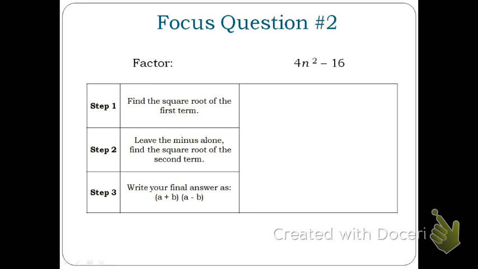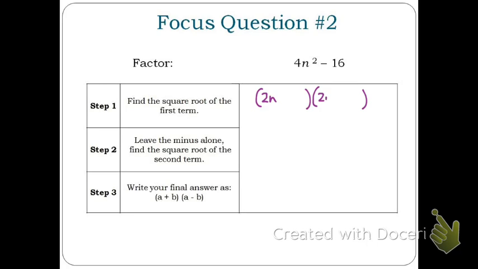For number 2, we need to factor 4n squared minus 16. So, I'm going to go ahead and set up my 2 sets of parentheses. Now when I look at this, 4n squared, don't forget about the coefficient or the variable. The root of 4n squared would be 2n.